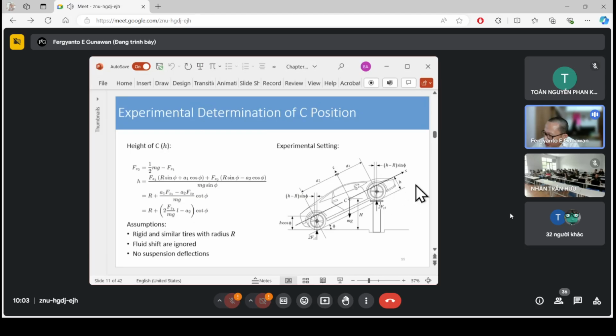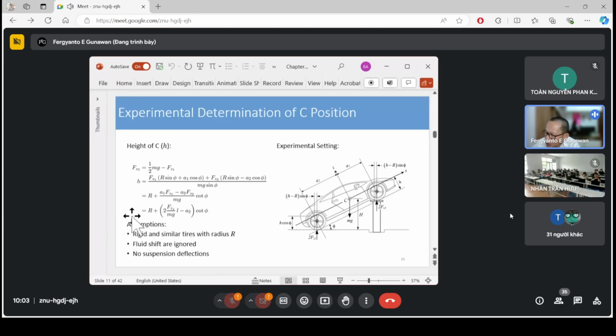To obtain the height, what you need to do is push the vehicle front wheel a little bit, right, and tilt or incline the vehicle. If we have these conditions, that the tire radius is the same between rear and front, and we ignore the suspension deflections, the height can be obtained by this simple equation, right?